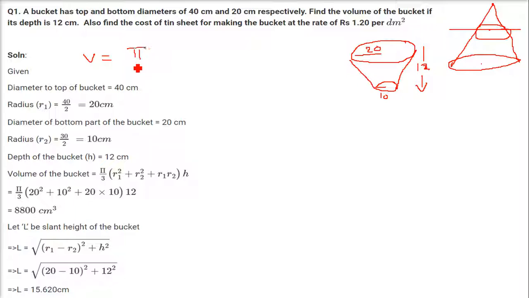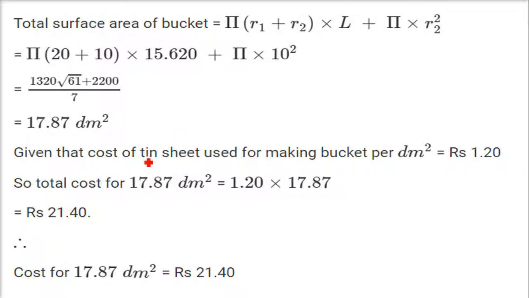It is pi by 3 into r1 square plus r2 square plus r1 r2, into h. This r1 is 20, r2 is 10, and height is 12. So we put the values here and it will come as 8800 centimeter cube.